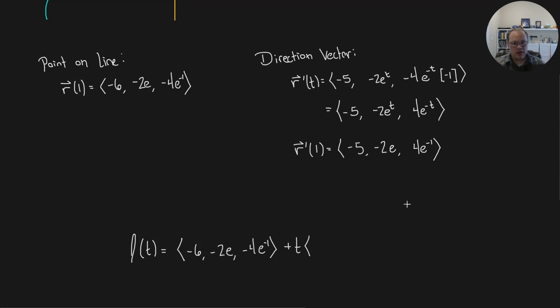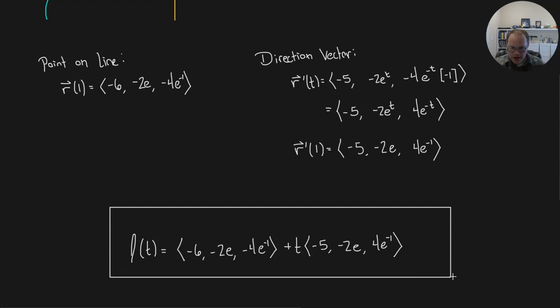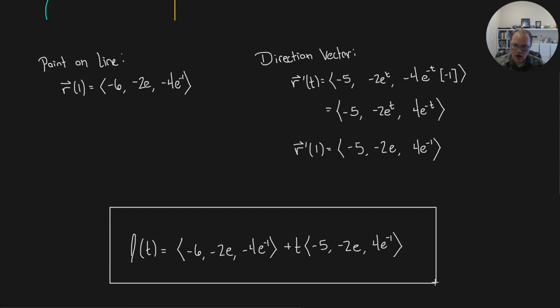And we found that the vector tangent to the curve when t is equal to 1 is going to be this vector here. So that's also a vector that's pointing in the direction of the line. That's our direction vector. And so there, put it all together, we get our tangent vector at the point t equals 1.